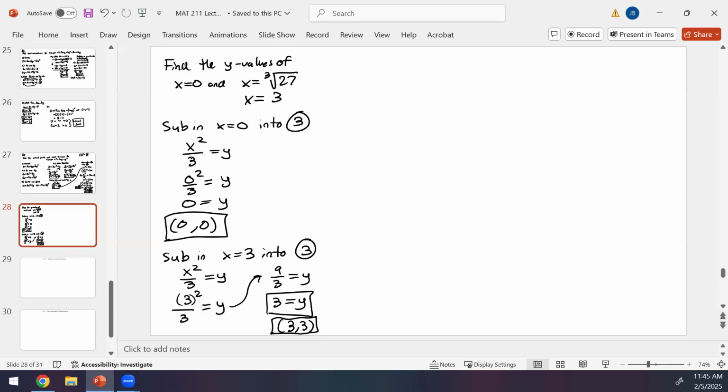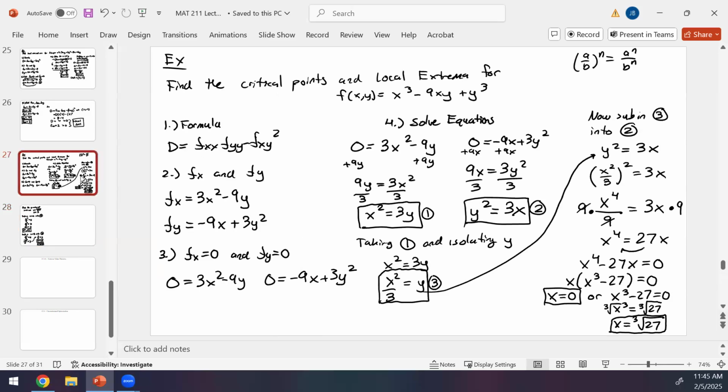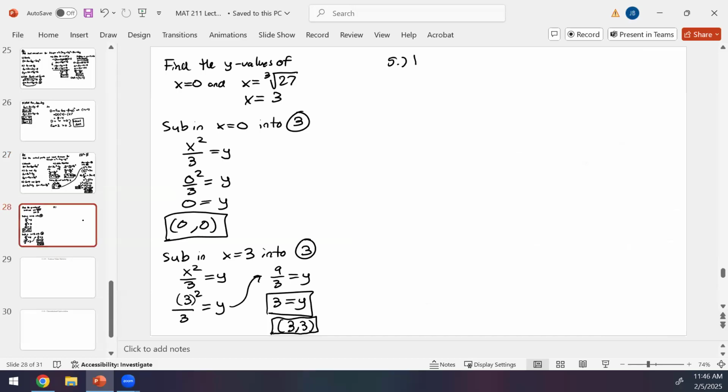Okay. So we did that. So solve the equations. Now we just got to take our second partial derivatives. So fx was equal to 3x squared minus 9y.